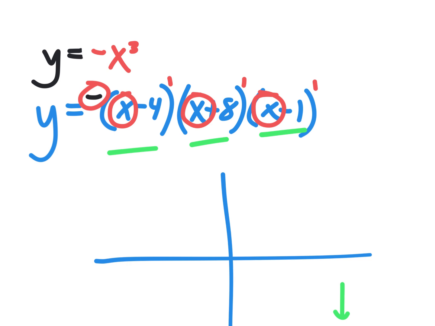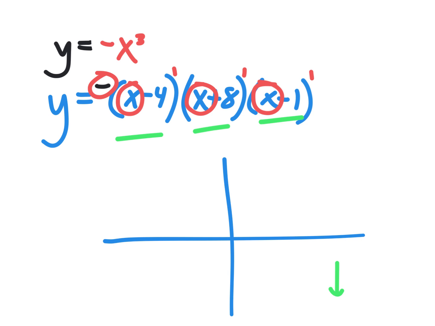You can use a calculator if you want, but find the x-intercepts and the y-intercepts. And at least you know that the right end's going down and the left end's going up. If you can find the x and y intercepts, that's the only thing for today. Then I'll teach you a little bit tomorrow.